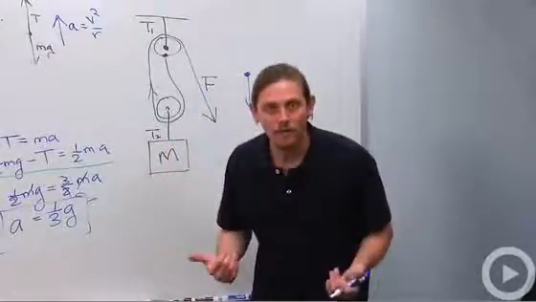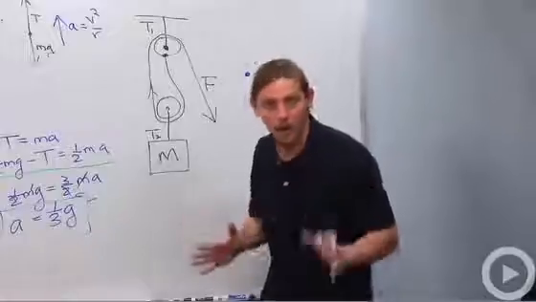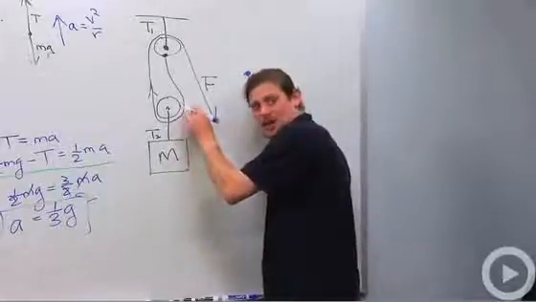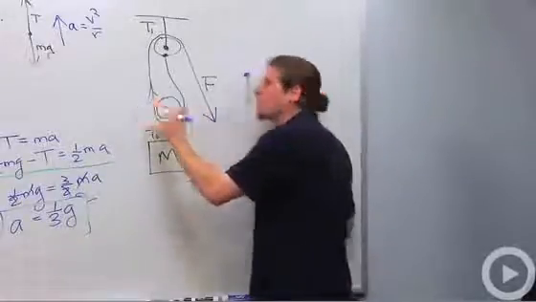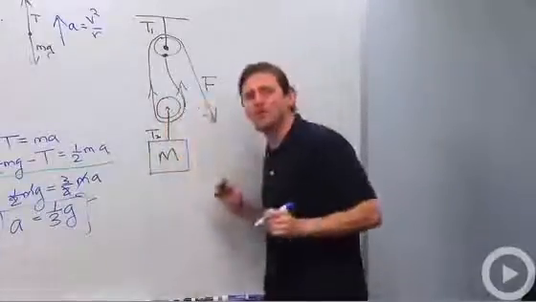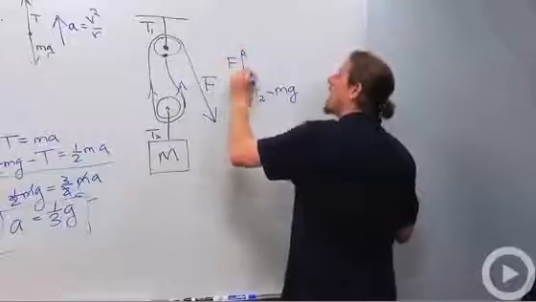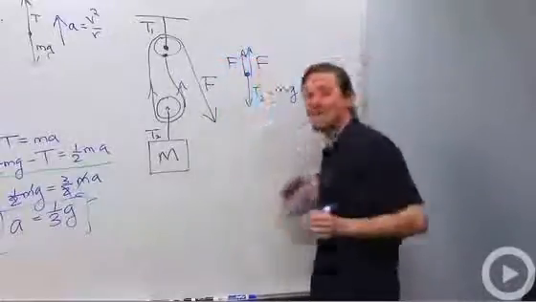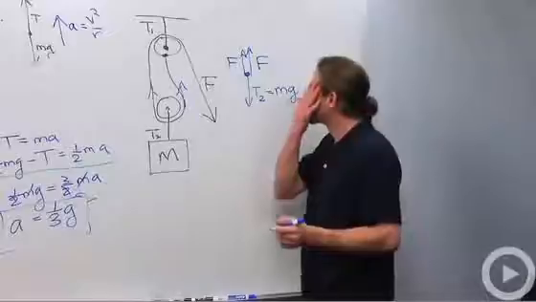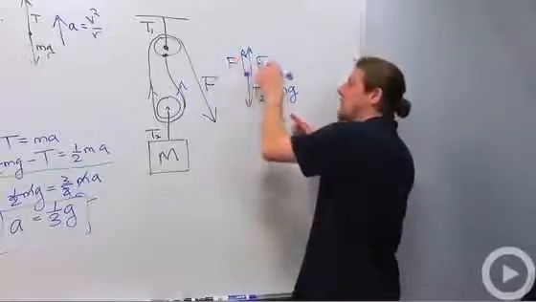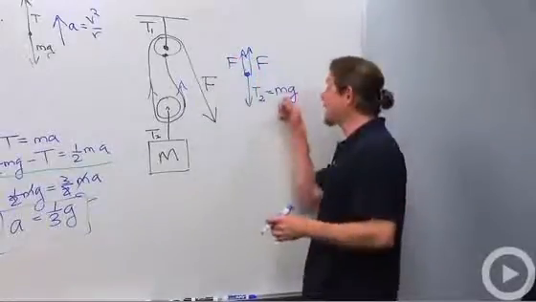Yes, it can. The string can pull twice, and it will. It's attached here, and it's attached here. So it's pulling up both sides. So that means I've got F and F again. All right? So that means that 2 times F in equilibrium has to equal mg.